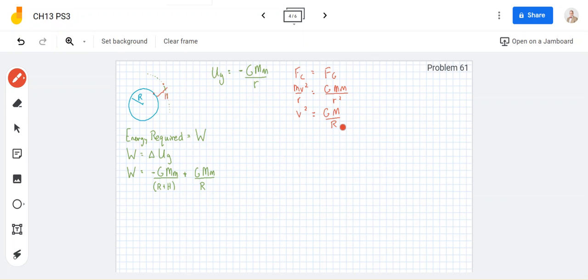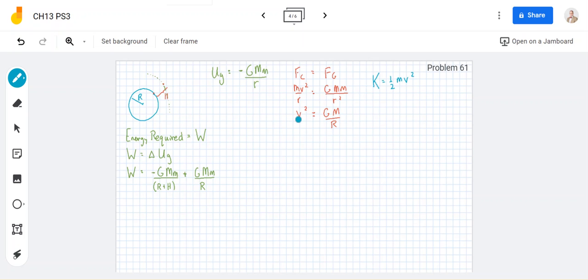Now it says equal to the kinetic energy required of the satellite to be in orbit. Well, what is our kinetic energy formula? If I remember correctly, my kinetic energy formula is equal to 1/2 mv squared.